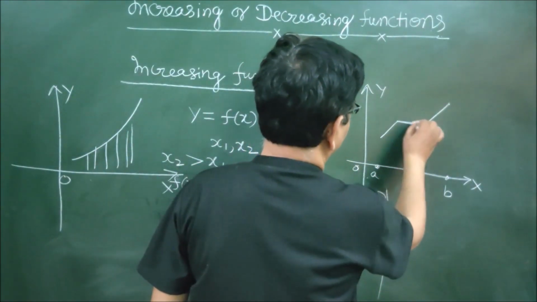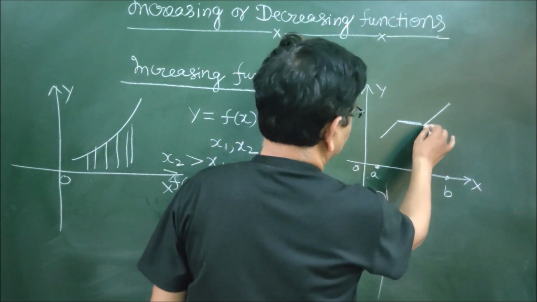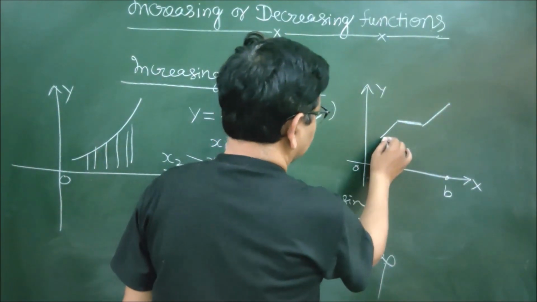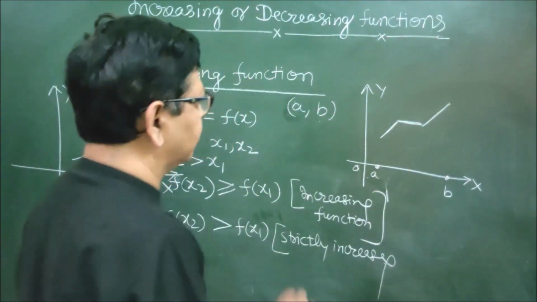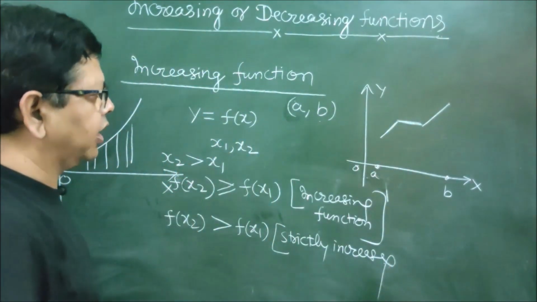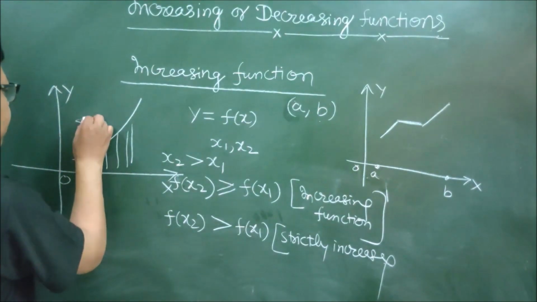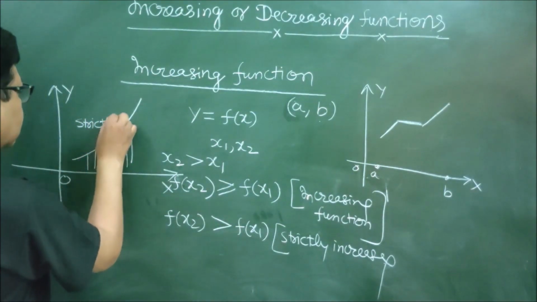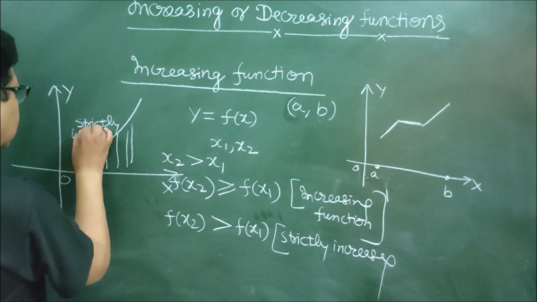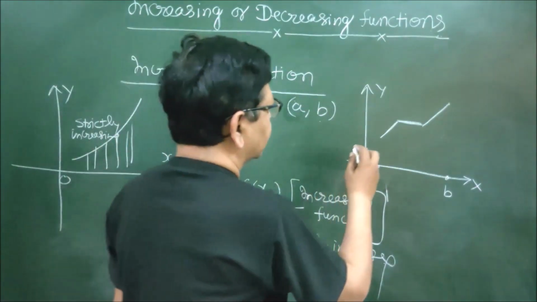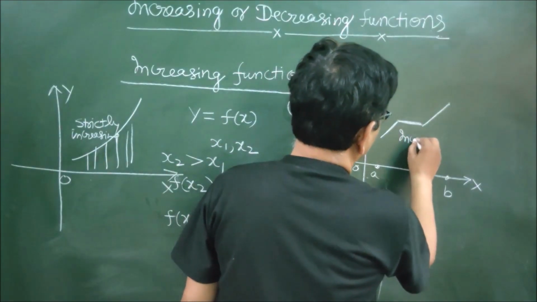For some interval it may be constant, and in the remaining time it is again increasing. In the beginning it is increasing, then it becomes constant for some time, and then it is increasing. So the earlier one is for strictly increasing, and this is a graph of increasing function only.